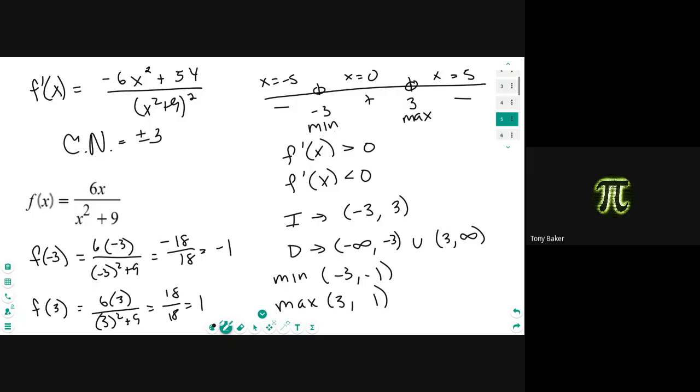Now, are you going to have to find this for every single problem you ever do? No. But you could be asked a variety of those types of things for different situations you're going to be doing.